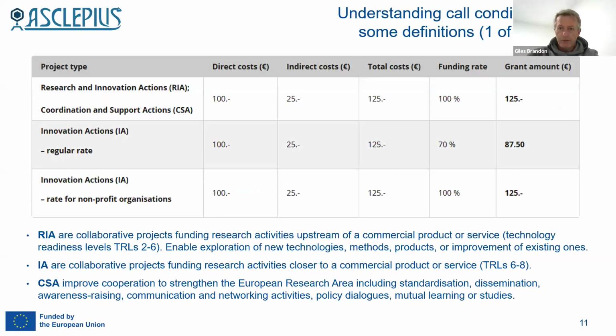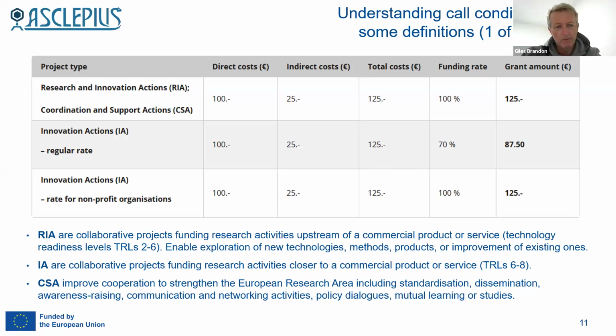Now, I move on to talk a bit about understanding the conditions for calls for Horizon Europe. Linked with this, it's important to clarify certain acronyms, certain terms that get used.